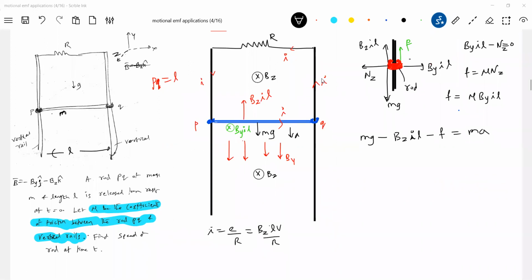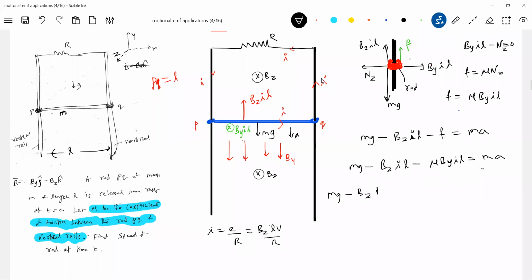Okay, now substitute all the things and go for calculation. B_z L v by R minus mu B_y I L equal to ma. Let me substitute all the quantities here now.